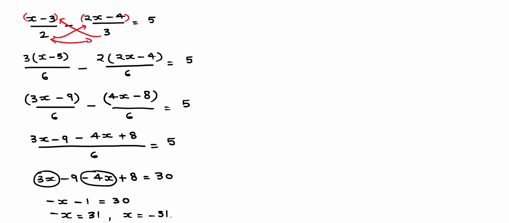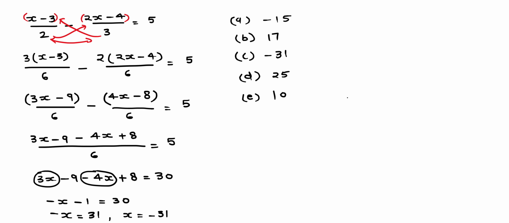Okay, so this is the normal way of solving this question. But what if you are in a hurry in the exam and you have options? Let's say option A is minus 15, option B is 17, option C is minus 31, option D is 25, and option E is 10.